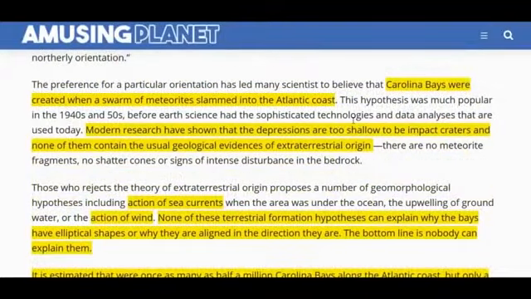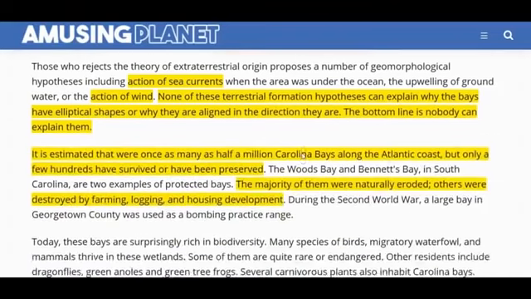Okay, so theories. What caused these Carolina Bays? In the 40s and 50s, the speculation was that a swarm of meteorites slammed into the Atlantic coast. But modern research showed that the depressions are too shallow to be impact craters, and none of them contain the usual geological evidence of extraterrestrial origin. No meteorite fragments.